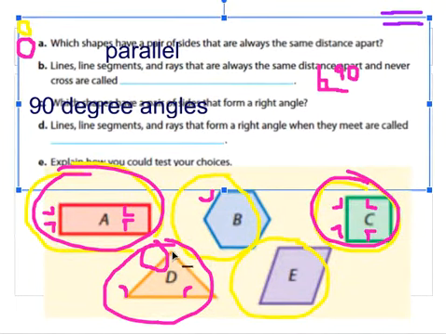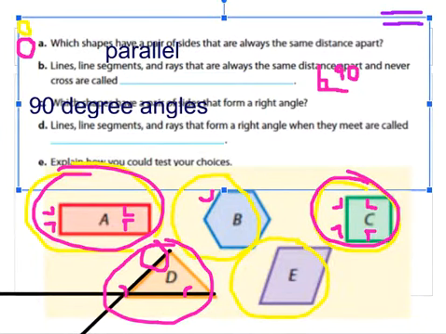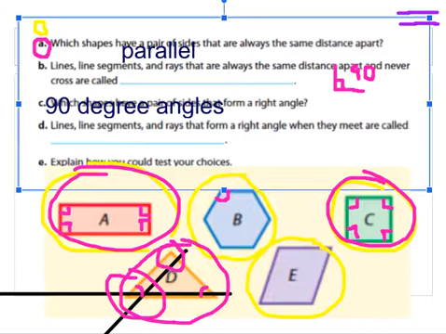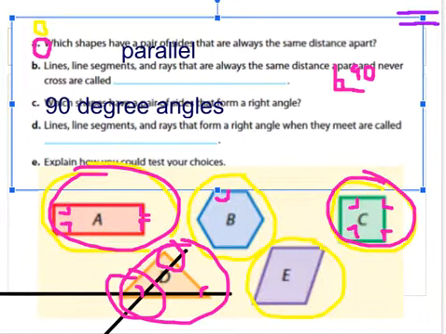And we can test that with this guy here. If I extend this line and I extend this line, and I extend this line, we know that those are not parallel because of the fact that they cross over right there, okay? So that's how we can test our choices. All right, I think that we have looked at all of these shapes and we are ready to move on to actually answering our question.